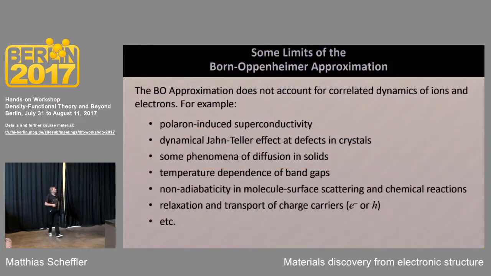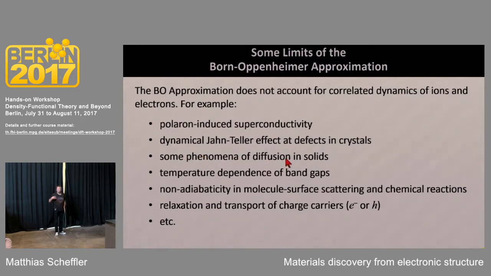Actually, I always say it here. So some limits of the Born-Oppenheimer approximation: if there is a correlation of the dynamics, that is not included. So superconductivity, which comes from electron-phonon or polaron-induced superconductivity, is not included. There are dynamical Jahn-Teller effects, where systems distort because of a degenerate electronic state, which sometimes leads to dynamic systems that are not treated appropriately.